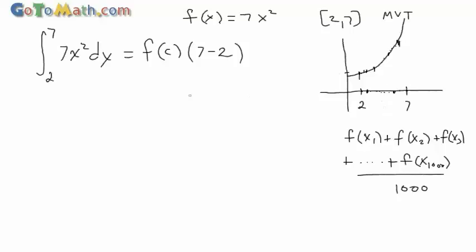So that's the average value, and we'll be getting to that section in just a second. If you took this number and divided the whole thing by this number, which is 5, that would actually give you the average value.